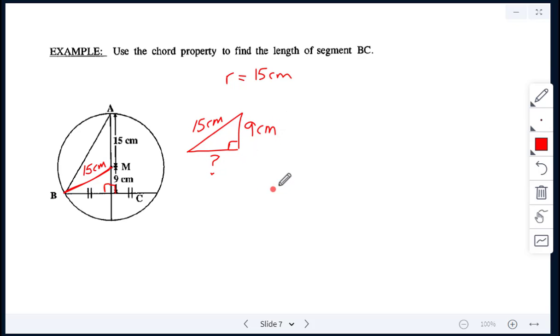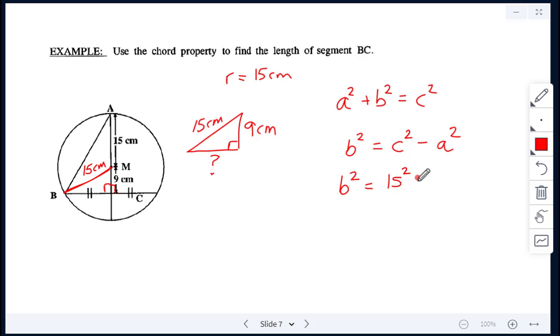All right, so we know our formula, Pythagorean theorem. We know that A squared plus B squared is equal to C squared. We need to figure out B squared. So B squared is equal to C squared minus A squared. All right, so just fill that in. So 15 squared minus 9 squared, and I get 144.